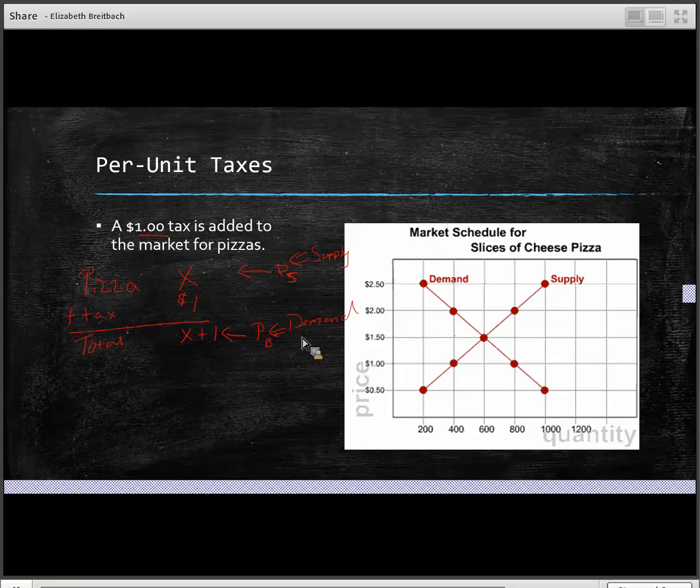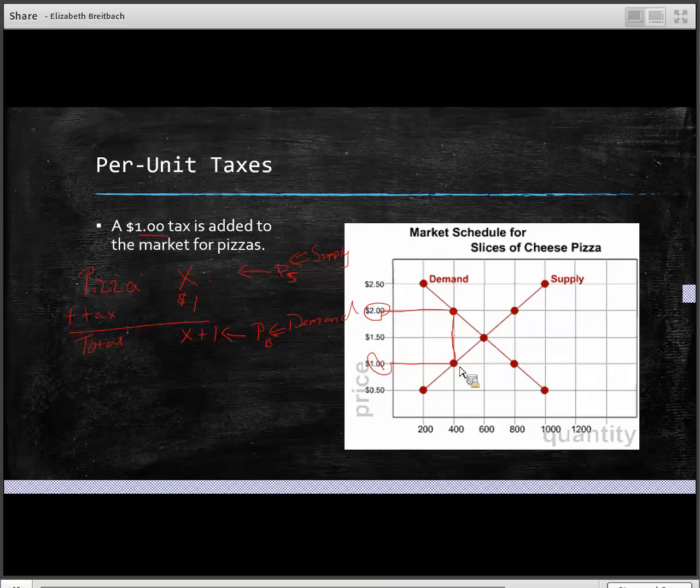And so the price sellers receive is that intersection between our tax wedge and the supply curve. And so X in this case, or the price that sellers receive, is equal to $1. That's where our supply curve and our tax wedge hit.